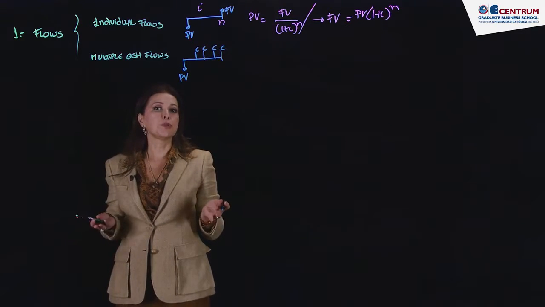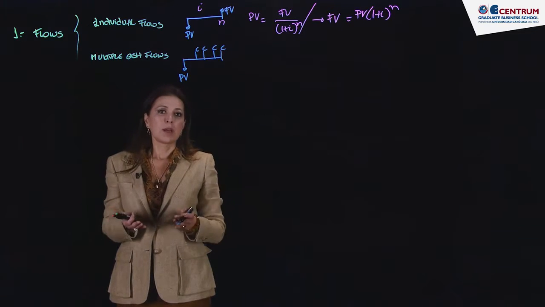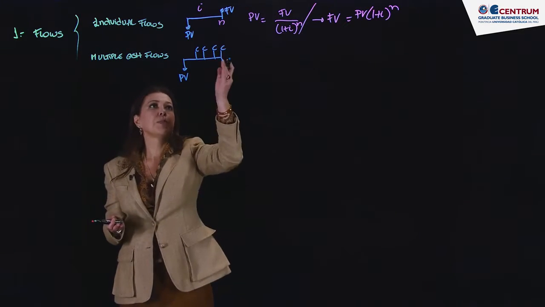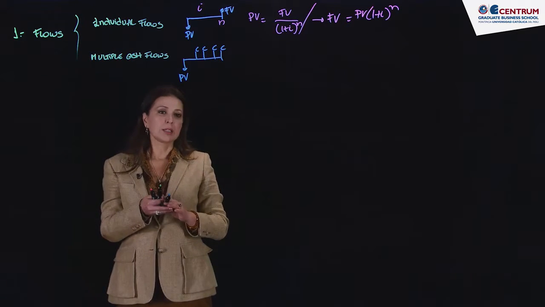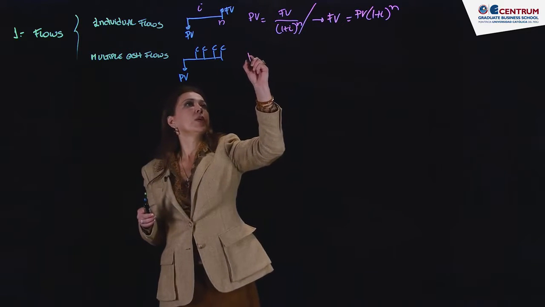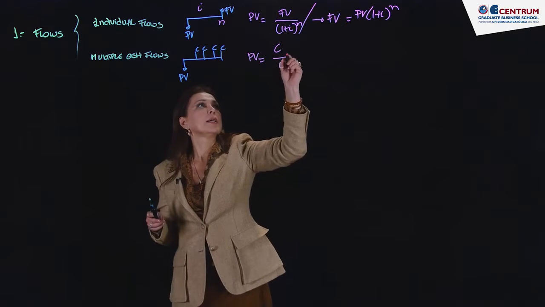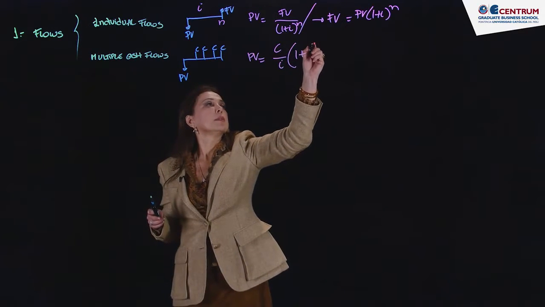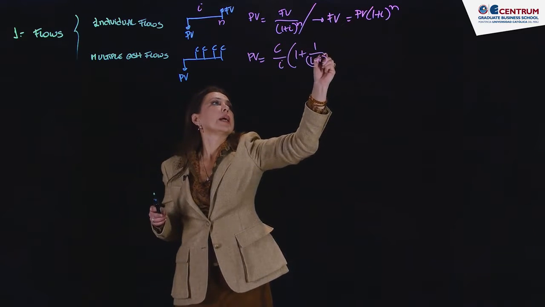That's the case when you receive a loan, for example buying a house, and you have to pay exactly the same amount every month. So in this case, the present value is going to be equal to the amount C divided by I multiplied by 1 plus I to the n.